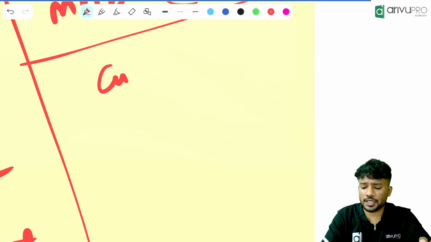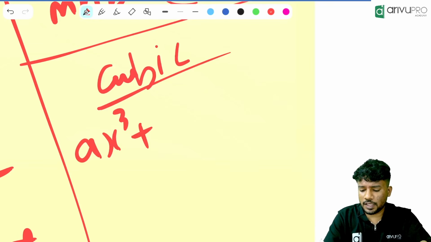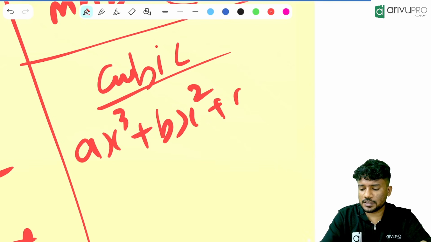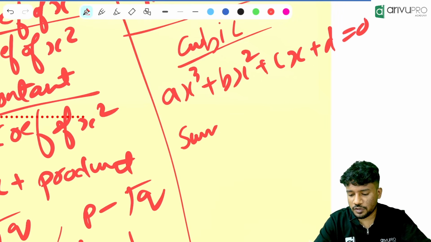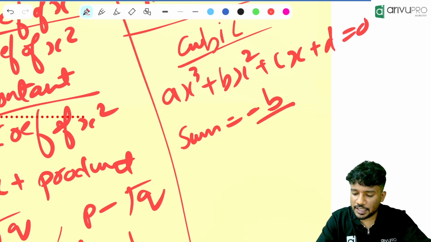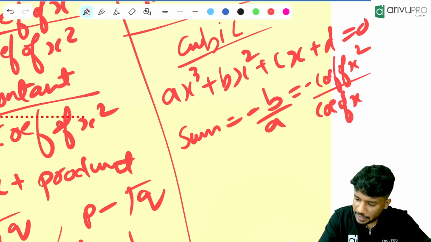Then we studied cubic. In cubic, what is the general formula? Ax cube plus bx square plus cx plus d is equal to 0. Then what is the sum of the roots? Minus b divided by a, or minus coefficient of x square divided by coefficient of x cube.